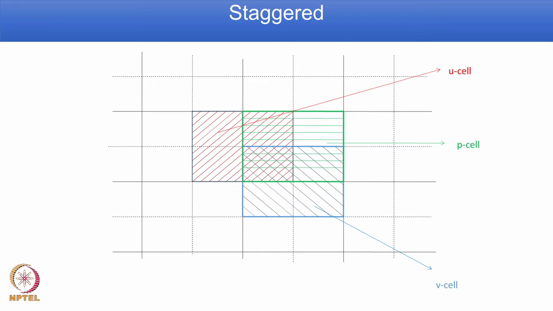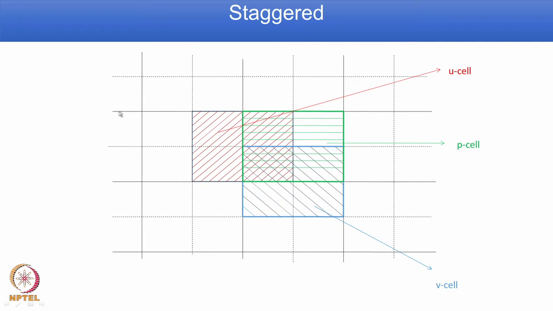Before going into the detail, let us first understand again what a staggered arrangement is. In this figure you see thick vertical lines, and in between 2 thick vertical lines you are also able to see dashed vertical lines.